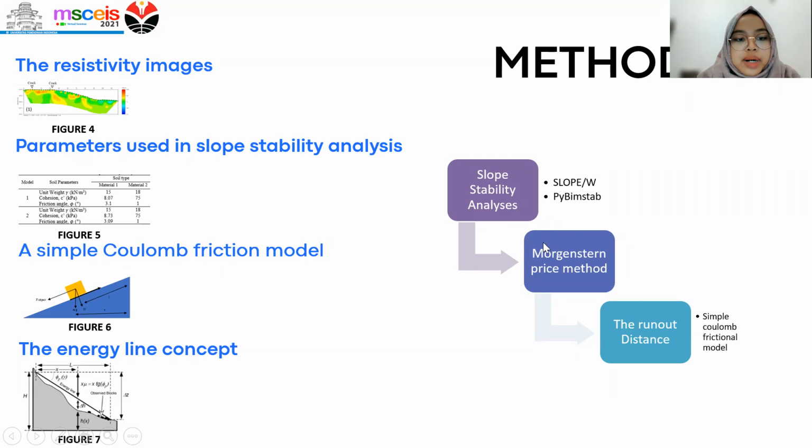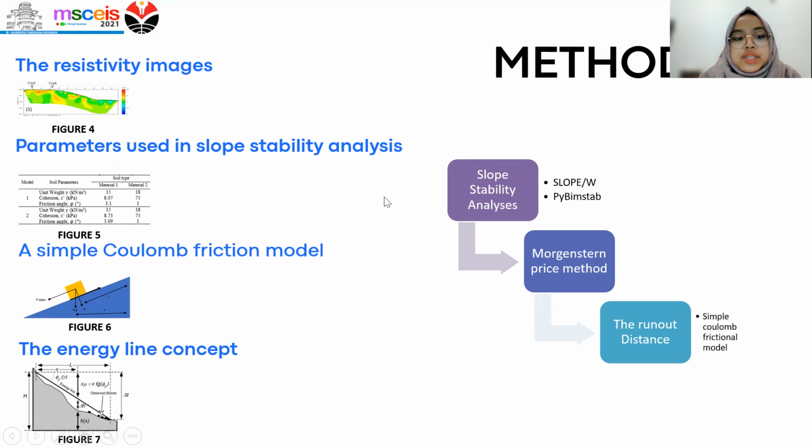The Morgenstern-Price method was used to calculate the safety factor in the slope cross-section with soil stratification obtained from the resistivity image as shown in figure 4. The factor of safety is needed to determine the stability of the slope by the balance of shear stress and shear strength, and comparison between the forces that resist it and move the soil.